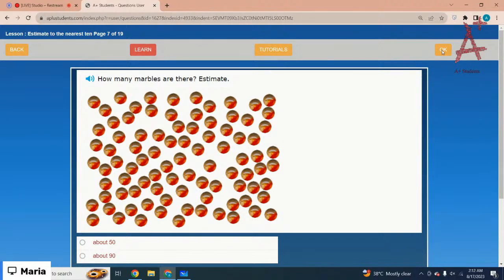You can see you have two options, about 50 and about 90, but they are more than 50, right? There are so many groups of marbles, so they are about 90, right? About 50 is just very less, they are about 90.